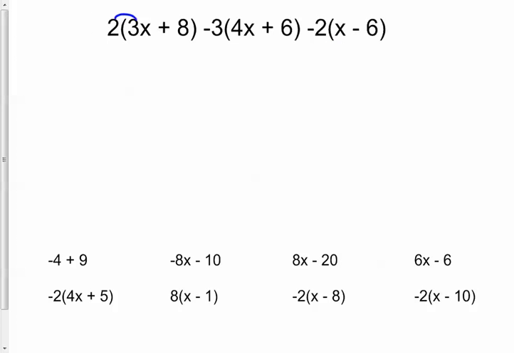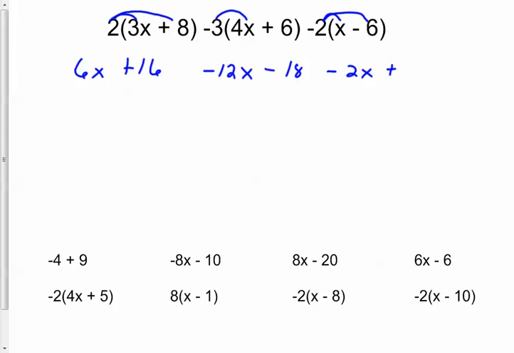So we need to go ahead and do each piece. So this turns into 6x plus 16, negative 3 times 4, so that's going to be a minus 12x minus 18. Then we're going to distribute here. So a negative 2x and a negative 2 times a negative 6 is going to be a plus 12.